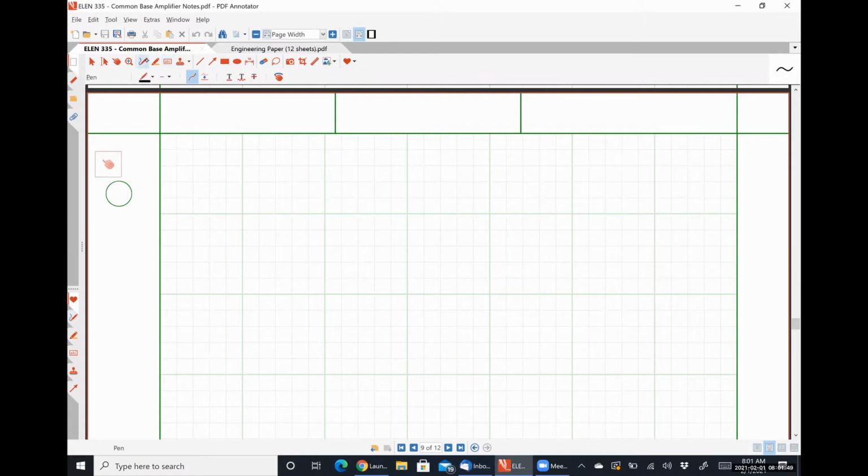So, common base with source resistance and base resistance. All right. So with both a source resistance and base resistance in our circuit, we're going to have something that looks like this.